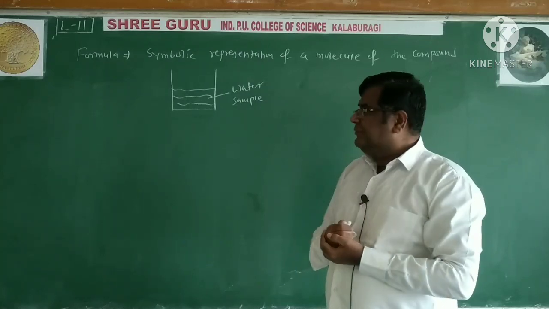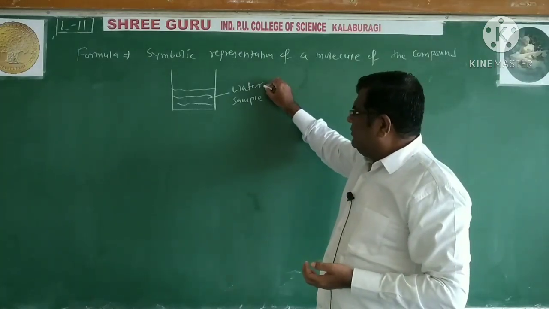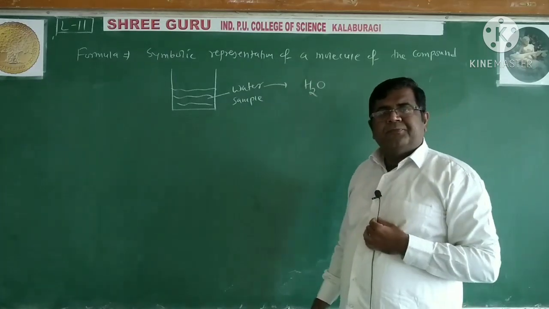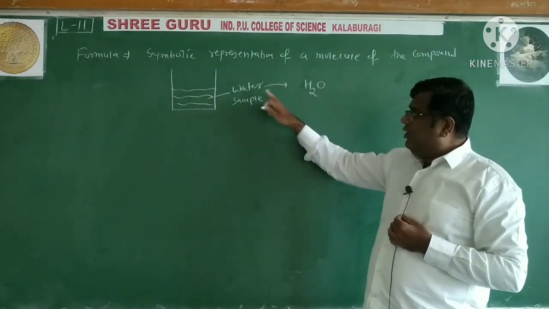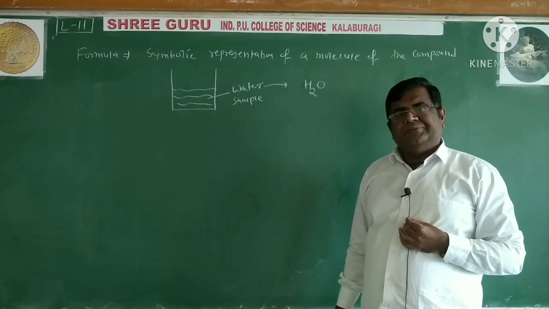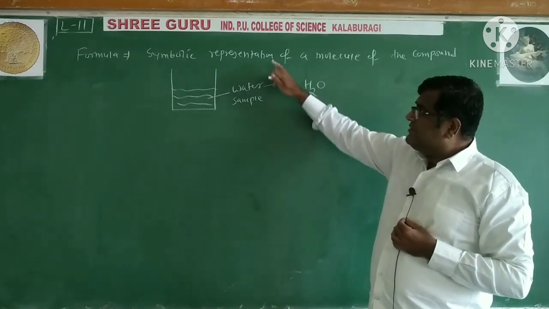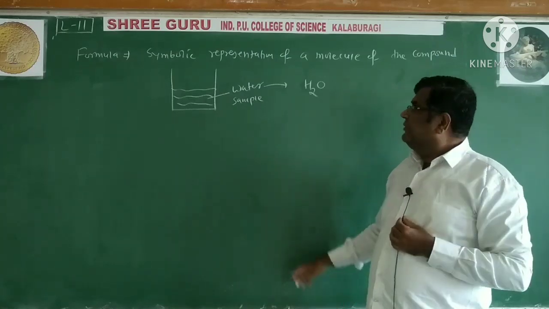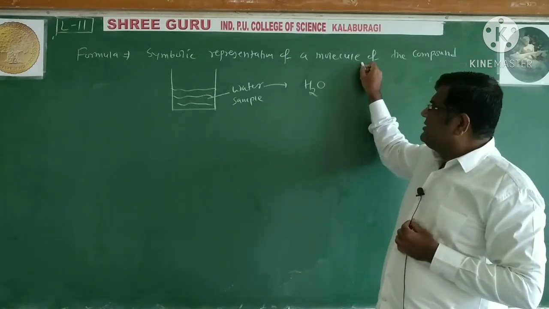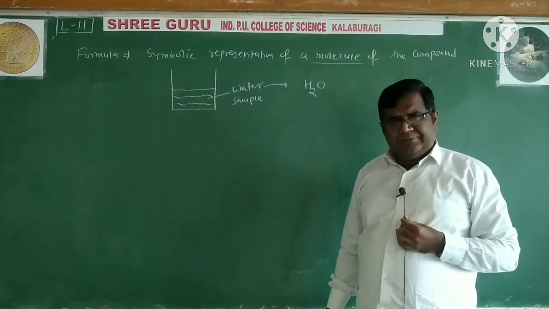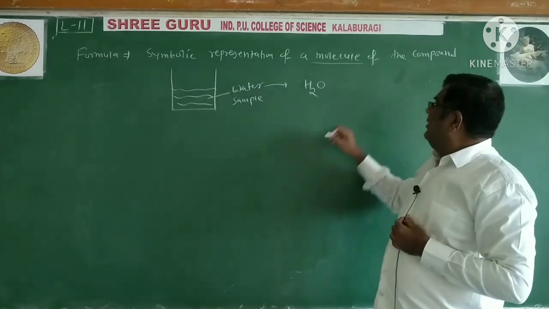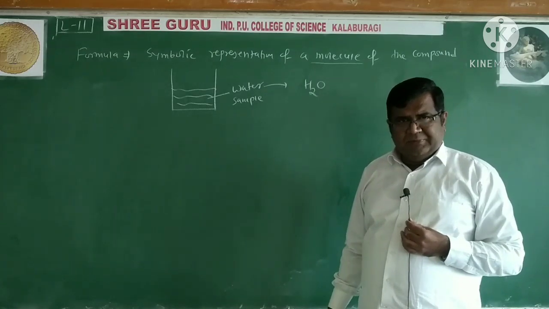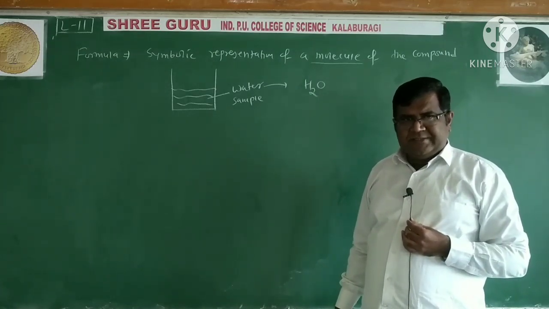So this is written as H2O, and that is called the formula of the water molecule. Because it is a symbolic representation, we are using symbols of the elements. And what are we representing? A molecule. And this molecule is of which compound? Water compound. You are understanding this?